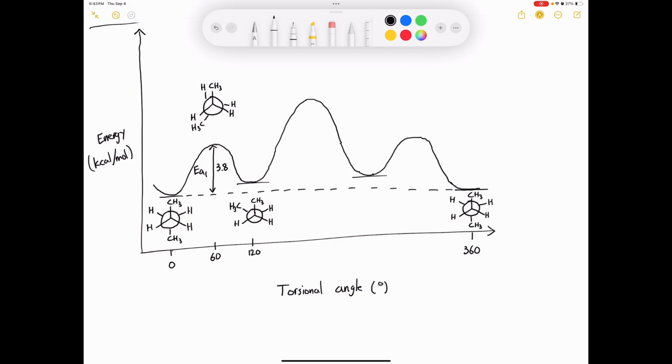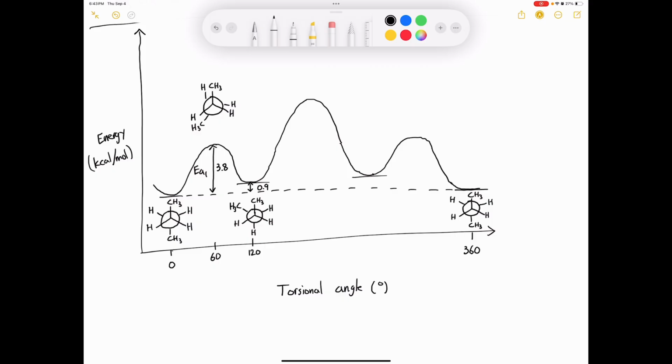That's why the energy is slightly higher. And we can see here that the energy of this distance to this dotted line here, this is 0.9 kcals. So very small, but still a difference.